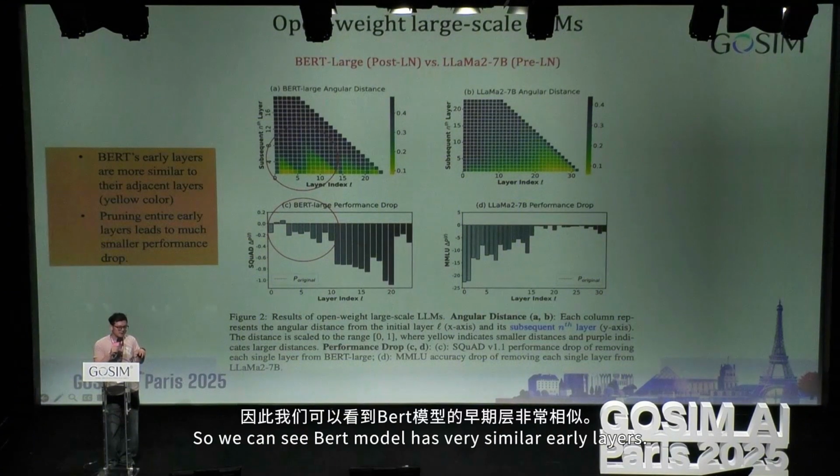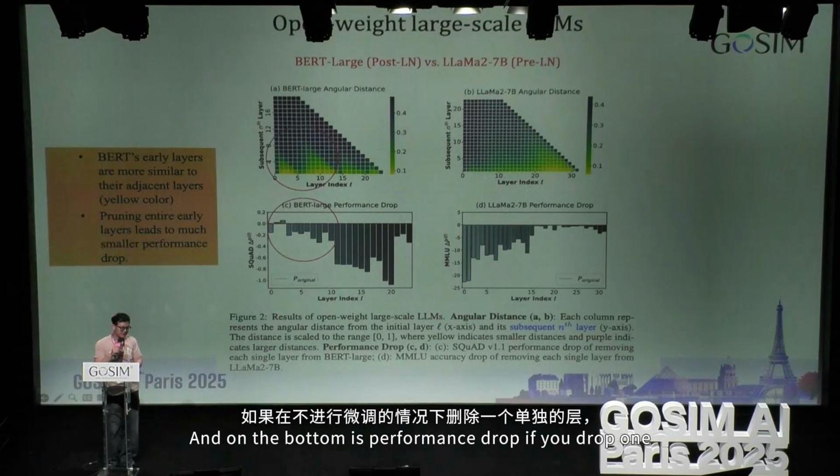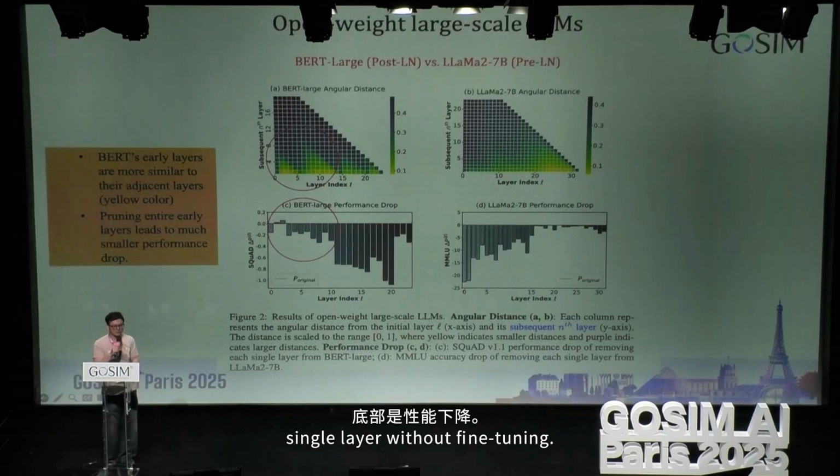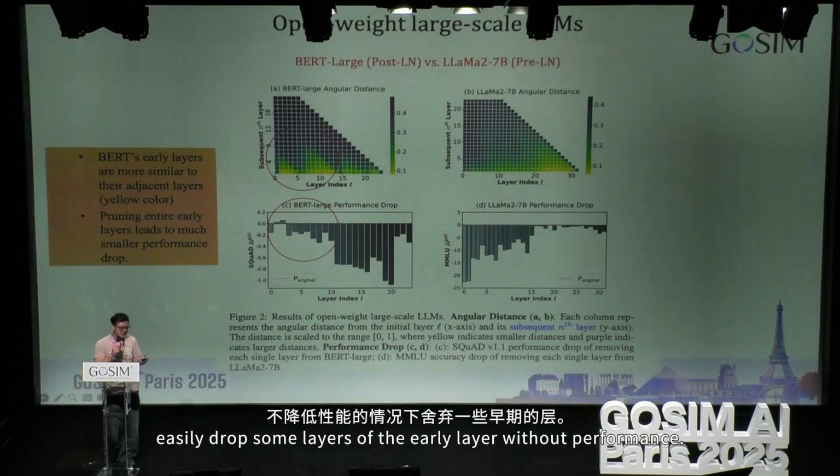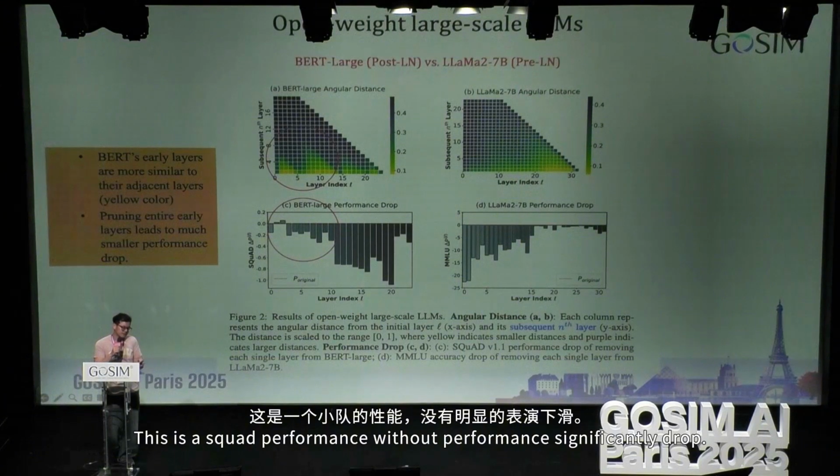So we can see the BERT model has very similar early layers. And on the bottom is the performance drop if you drop one single layer without fine-tuning. You can see the BERT model lets you easily drop some of the early layers without a significant performance drop. This is SQuAD performance.